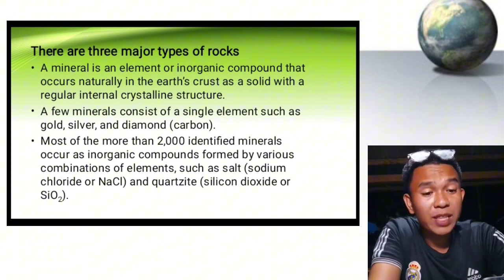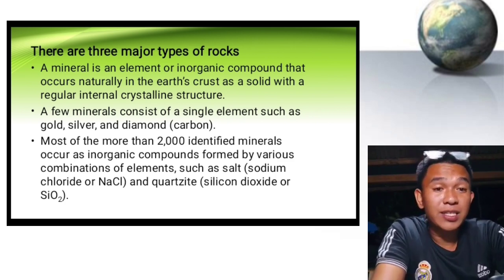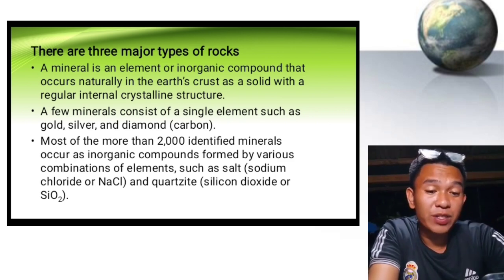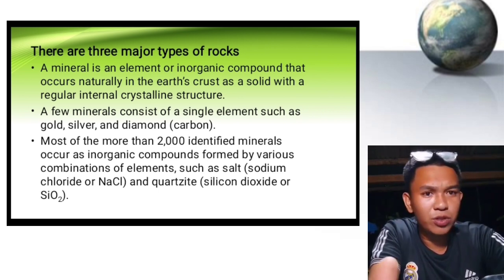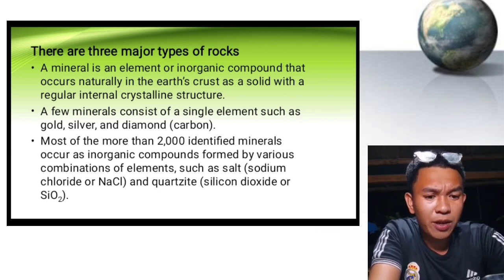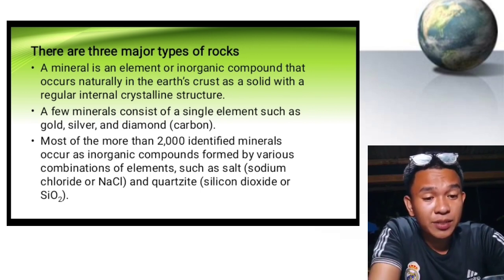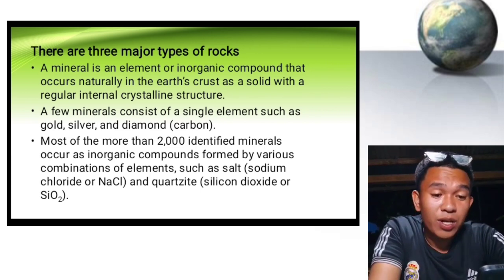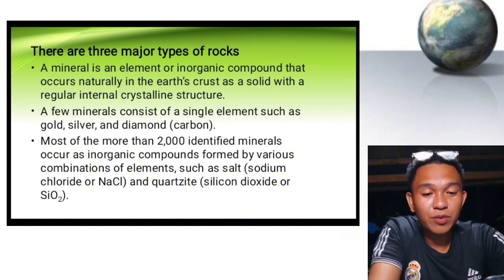Most of the more than 2,000 identified minerals occur as inorganic compounds formed by various combinations of elements, such as salt, the combination of sodium chloride, or NaCl, and quartzite, or silicon dioxide.